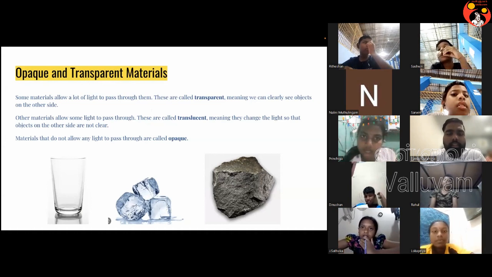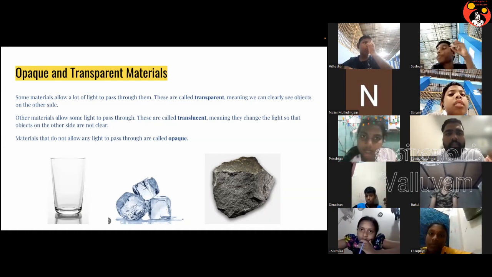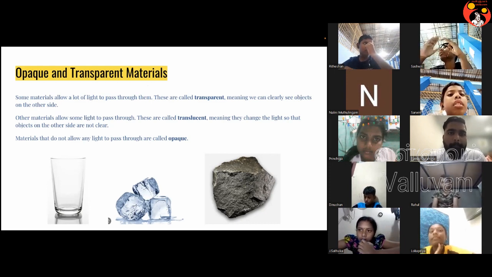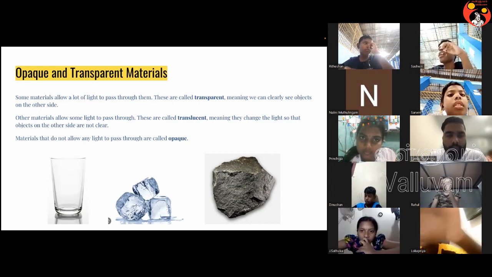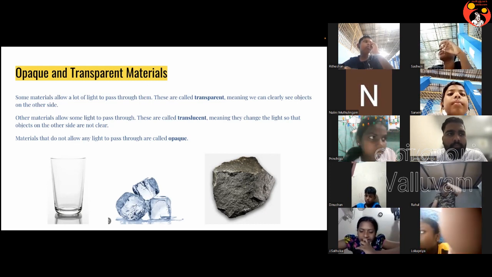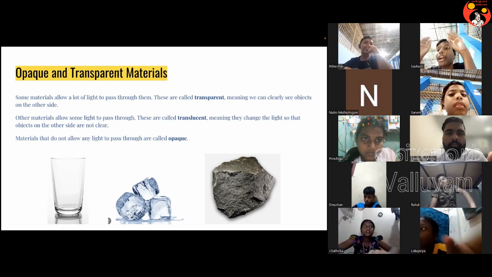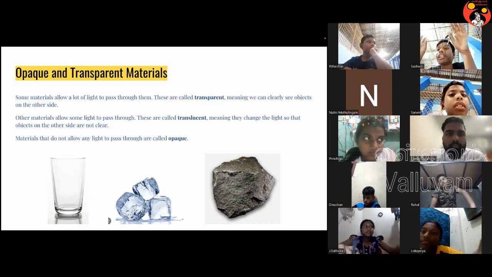You know, sir, the igloo, right, sir? Yeah. In an igloo, there's a big ice, right? So they made the igloo with some ice. If you put the ice on a table or floor and use your eyes to see it, you might see it a little bit clear, not that much clear.